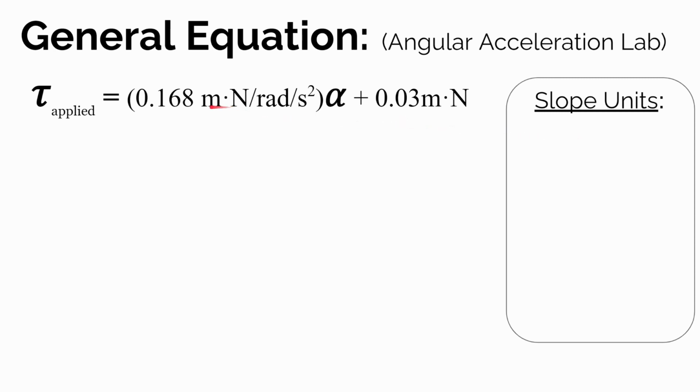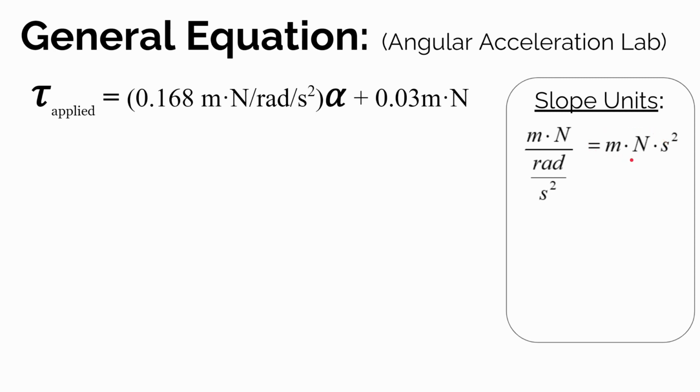So before we go any further, let's simplify these units because that's kind of a mess right there. So we've got meters times newtons, or newtons times meters. That's our units for torque, divided by our units for angular acceleration. And if we simplify this, remember that radians are technically not a unit. They actually represent a ratio. So we've got meters times newtons divided by 1 over second squared. We can put the second squared in the numerator, and we get this.